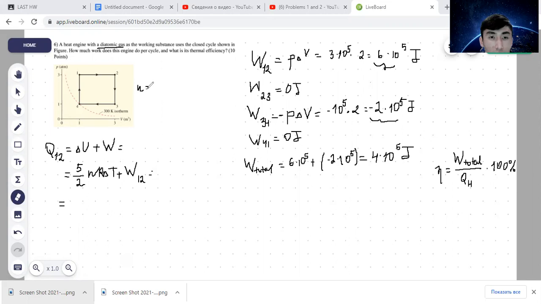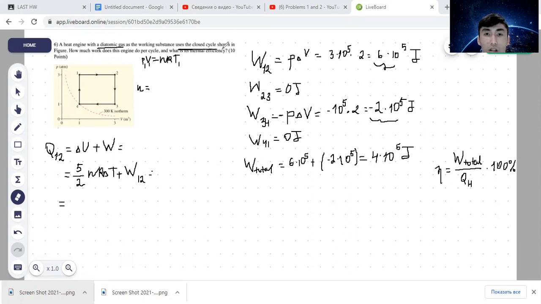Let's find n from this equation: P1 V1 equals nRT1. By this equation we can find n, the number of moles, and the number of moles will be constant for the whole cycle, because they said it uses a closed cycle.